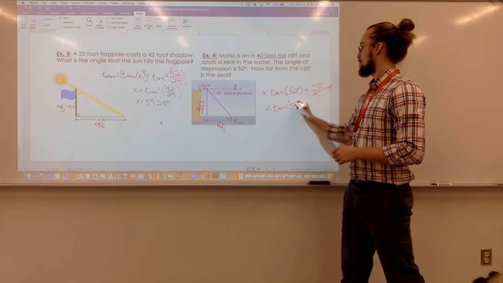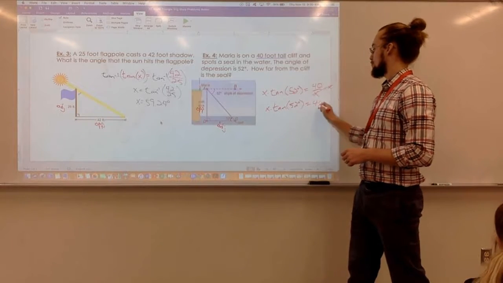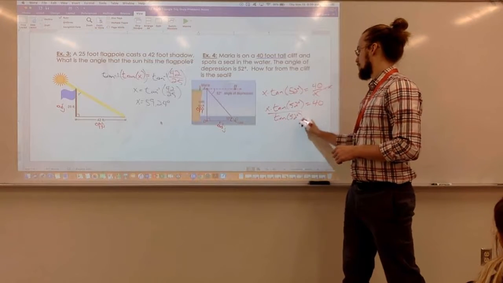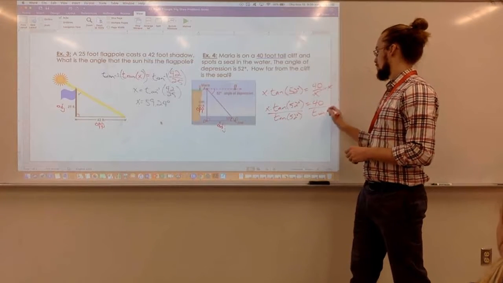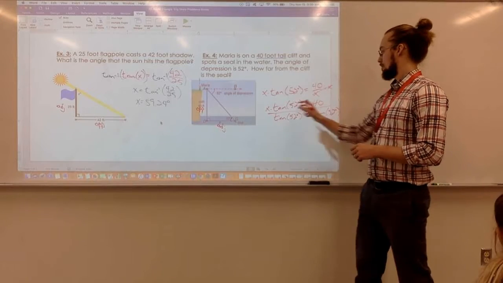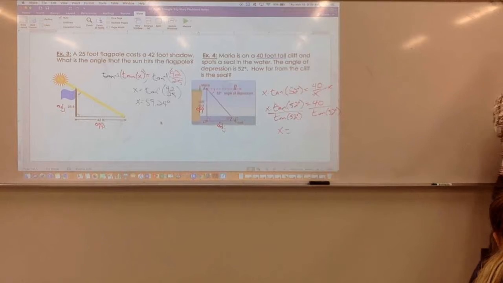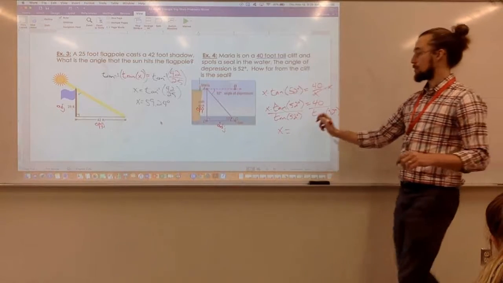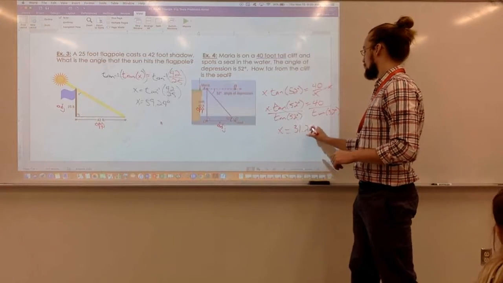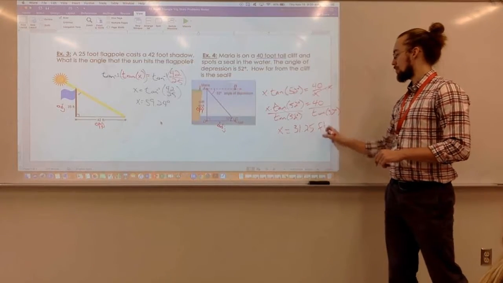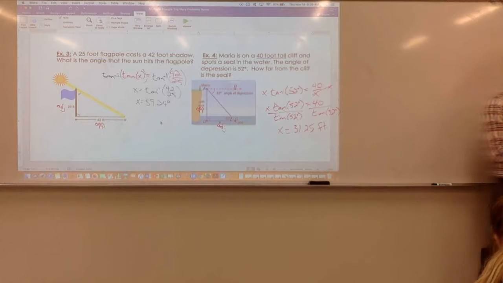Alright, divide both sides by the tangent of 52. Those cancel. So what is 40 divided by the tangent of 52? 31.25. 31.25 what? Feet, right? Again, we're talking about a distance in feet.